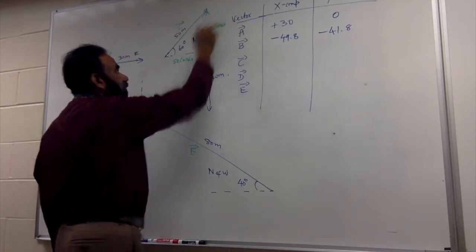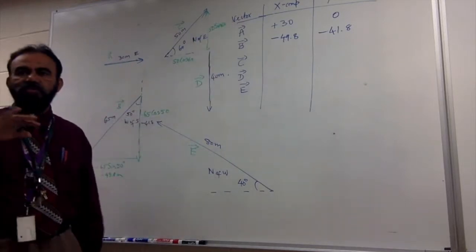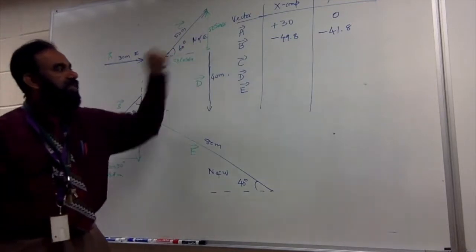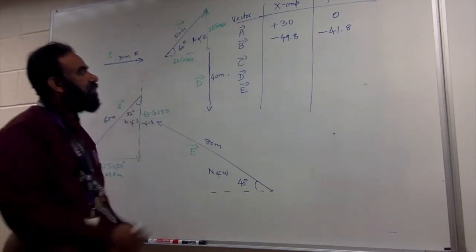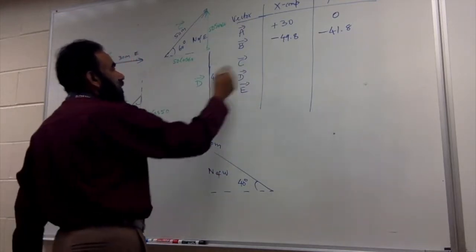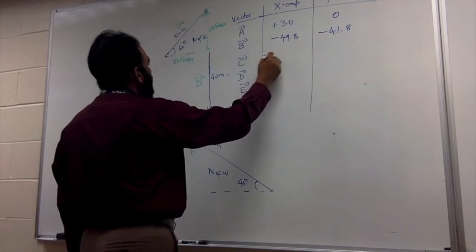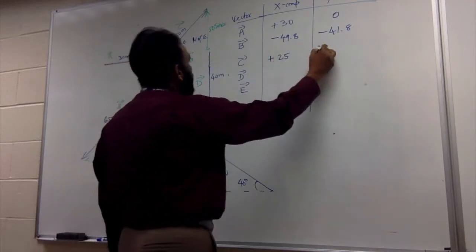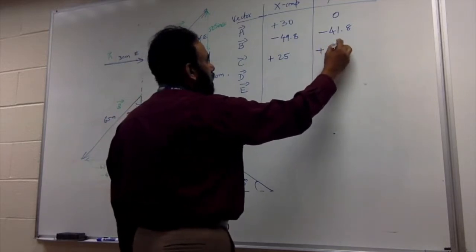Follow these things and you'll find yourself coasting pretty well. The horizontal component, both are positive. So this is going to be a positive 25, and that's going to be a positive 43.3.